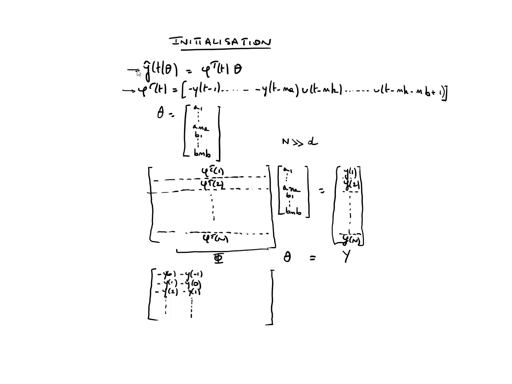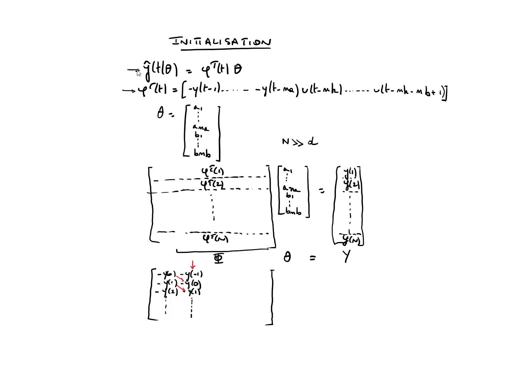Do you see this structure that is appearing? You have one column, and you can obtain the next column by shifting in this direction. So when you implement your ARX model, please check that you have this structure. If you do not have this structure, it doesn't make sense to go any further.